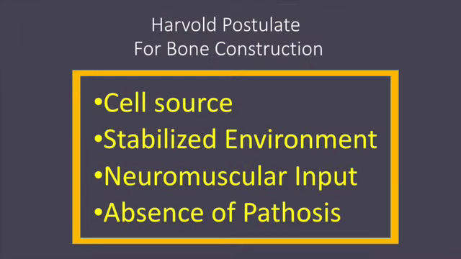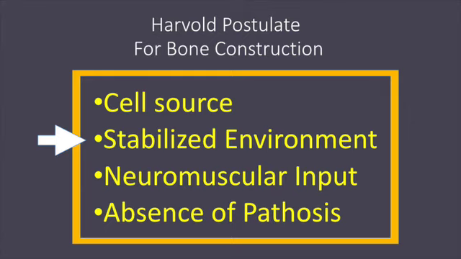So this is an outline or summary of Harvold's work, which showed that a bone will form when certain specific criterion are met. Harvold felt that a bone like the mandible will form if, number one, there is some source of cells in the region. Number two is that it required a zone of stabilization.